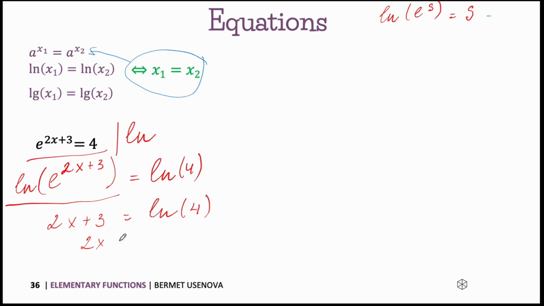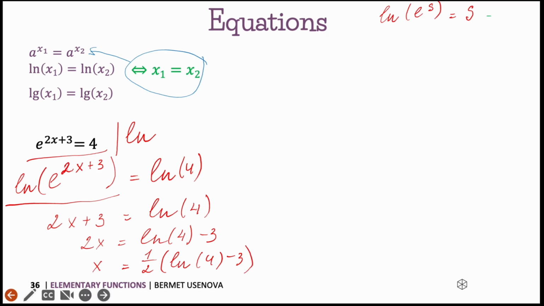So we will have 2x here, and subtract 3 from both sides, which gives us this expression. And then we can also simplify it by dividing by 2. This is how we solved this equation.